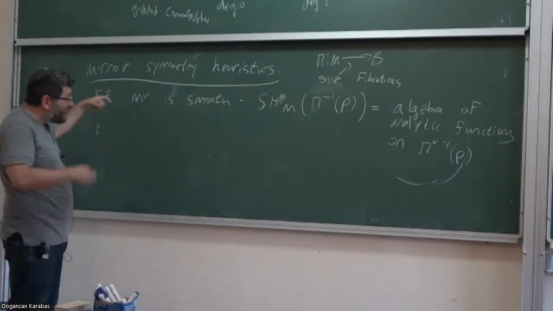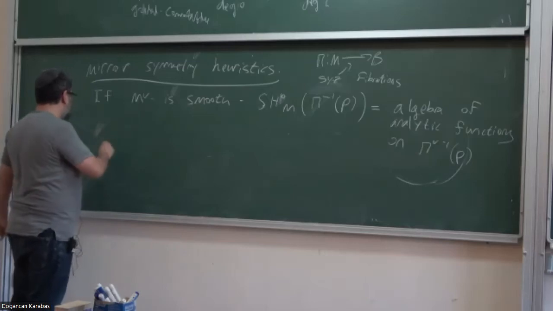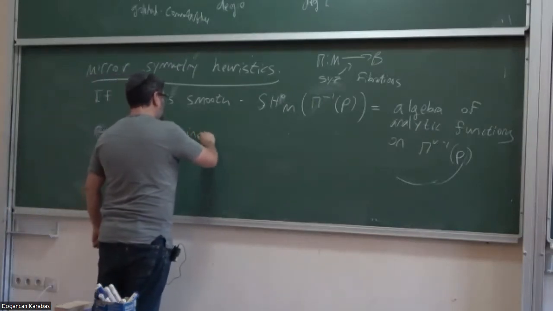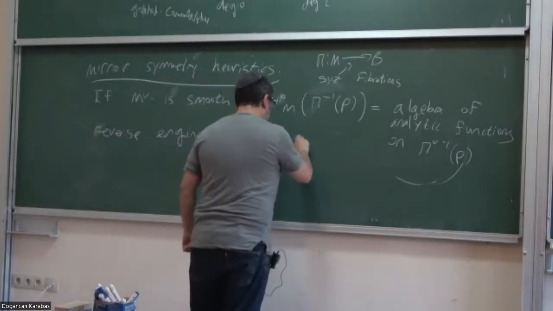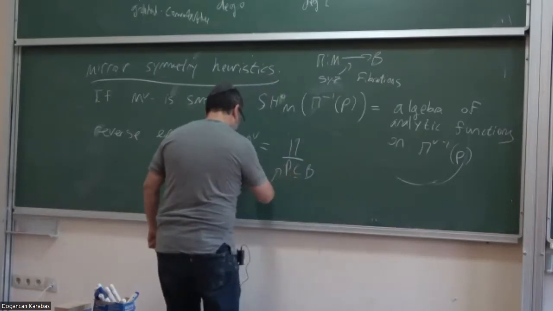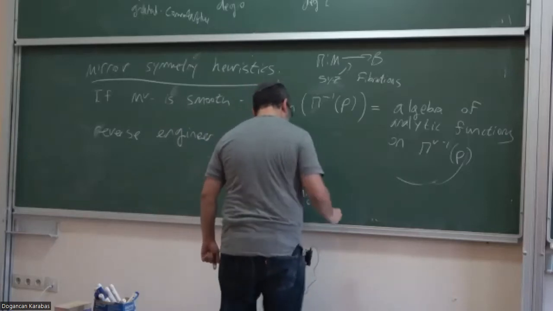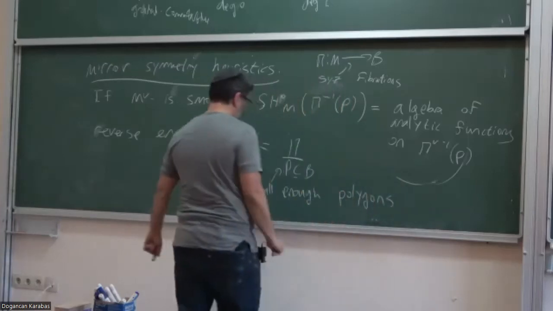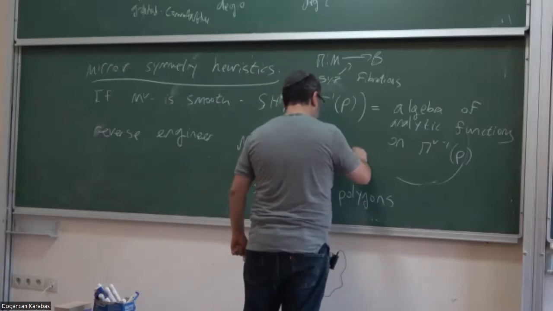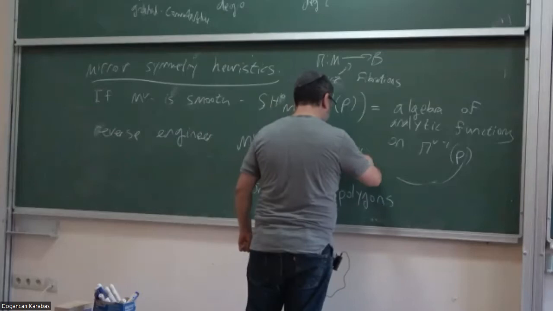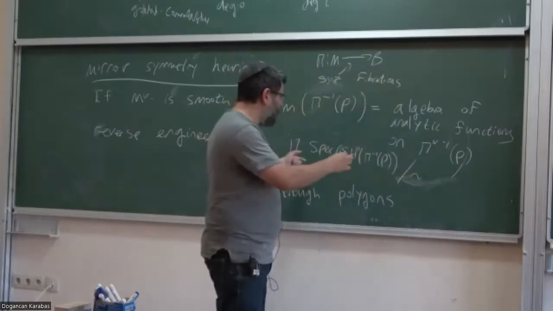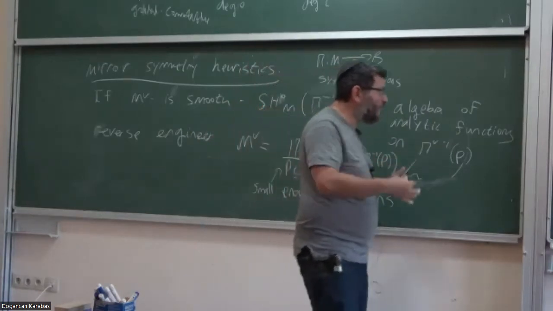Okay, so there's some heuristic which tells us that this should be so, and now we can do some reverse engineering. Suppose an angel told us what M check is. Now let's say we don't really know how to do mirror symmetry, then we can just apply this to reverse engineer and say that the mirror must be given as the union over small enough polygons p of Spec of SH0 of pi to the -1 of p, modulo the equivalence relation which arises from the fact that we have a pre-sheaf, so it's a diagram.